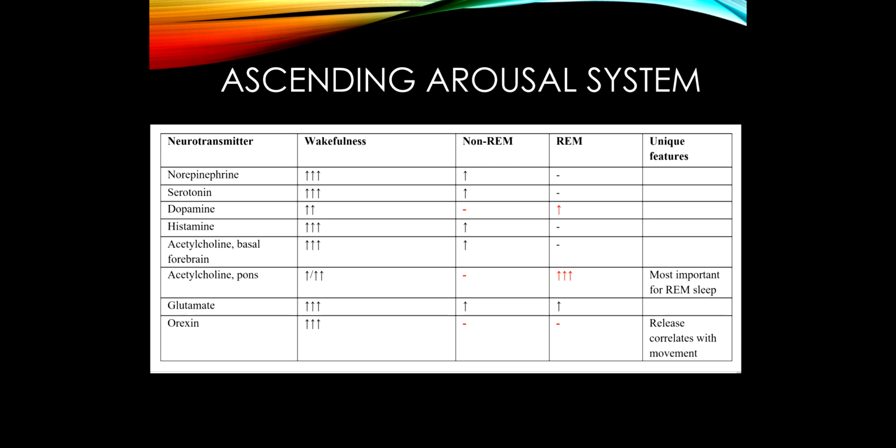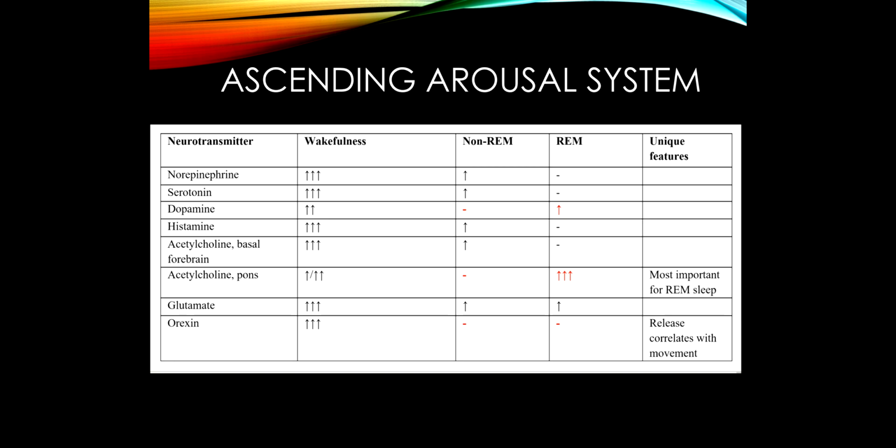These are largely stimulatory neurotransmitters, so I wouldn't worry too much about the difference between these up arrows. But when we say the ascending arousal system, these are the neurotransmitters, and especially for these first 3, you need to know the areas specifically that are involved in producing them.